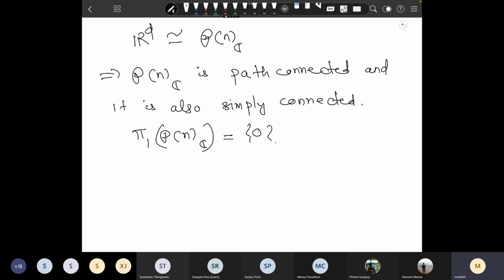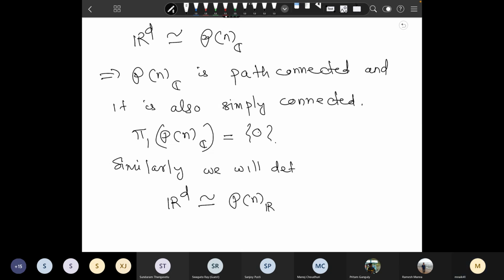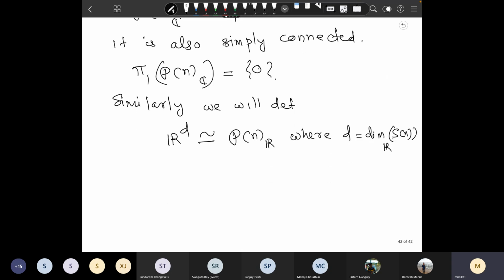By similar argument, we will get that R^d is homeomorphic to P_n(R), where d is equal to the dimension of S_n, the symmetric matrices over R. This number is not important, but I am writing this.